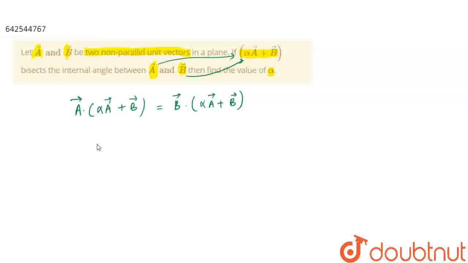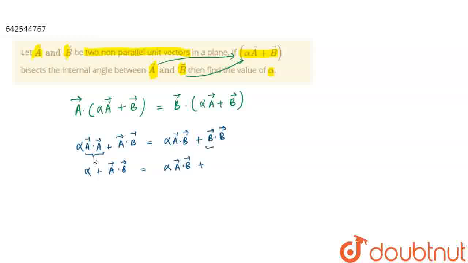What we will have is alpha A vector dot A vector plus A vector dot B vector equals alpha A vector dot B vector plus B vector dot B vector. So here A vector dot A vector will be equal to 1, okay, because they're unit vectors, and here we have A vector dot B vector equals alpha A vector dot B vector.